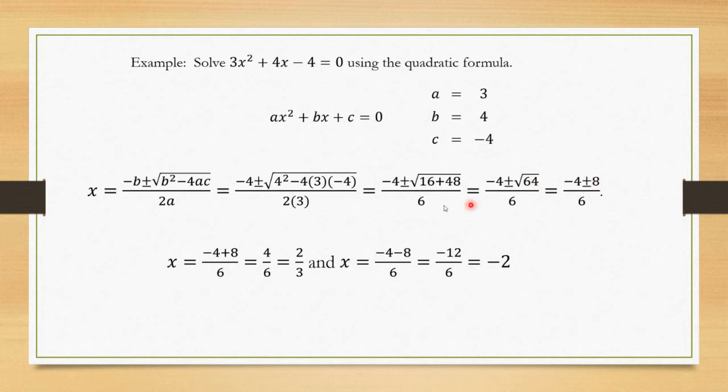So our two solutions are negative 4 plus 8 over 6, which is 4 over 6, which is 2/3. You know, I wrote this in lowest terms. The other one is negative 4 minus 8 over 6, negative 12 over 6, which is negative 2. So we get these two solutions.